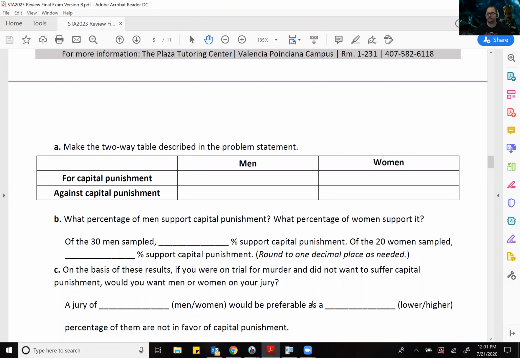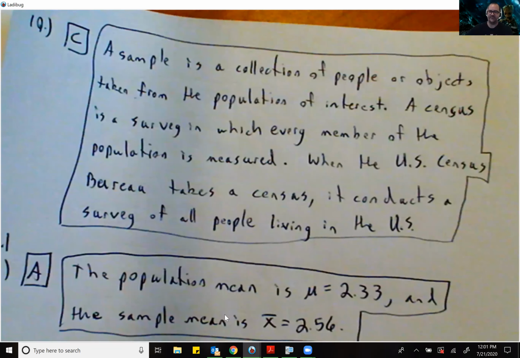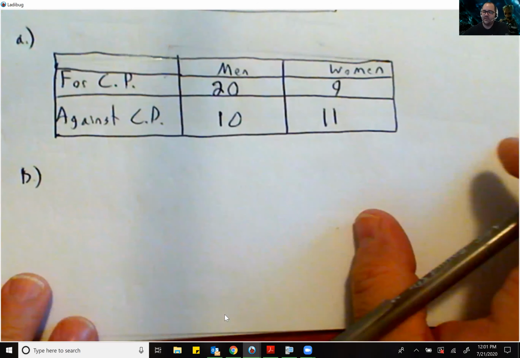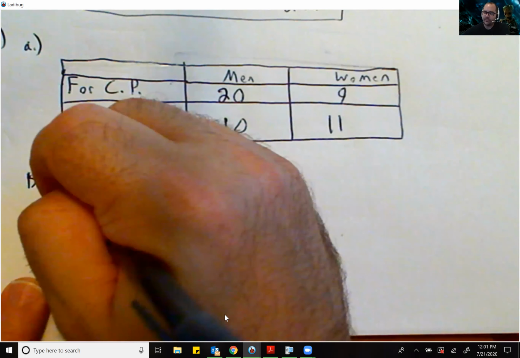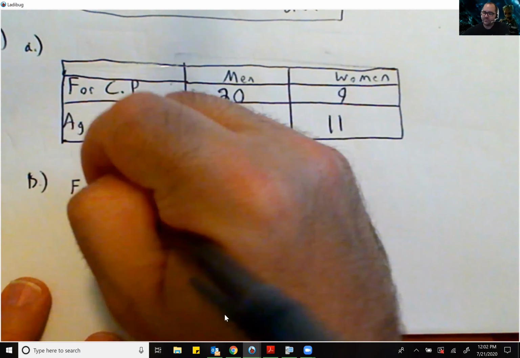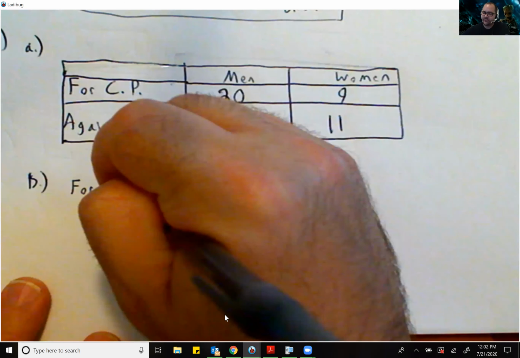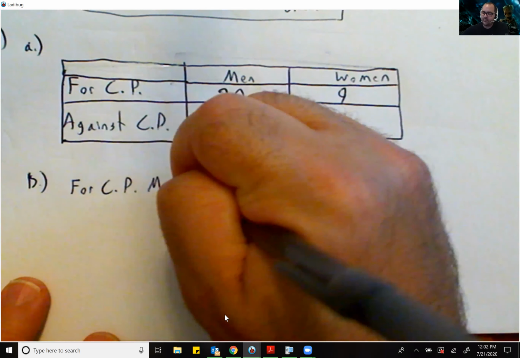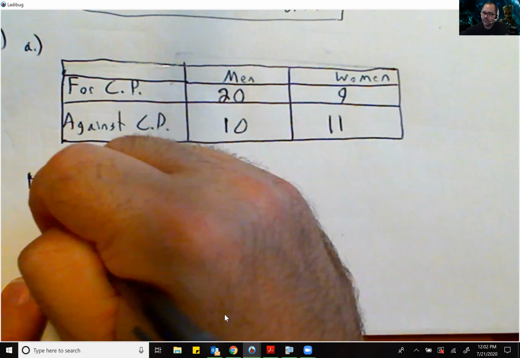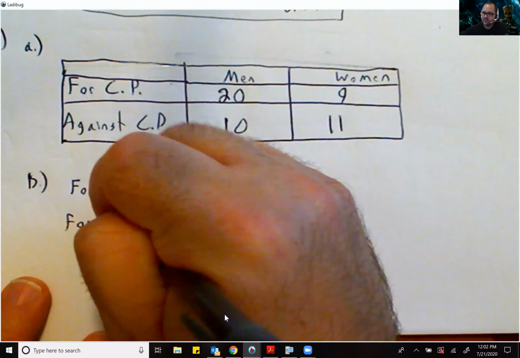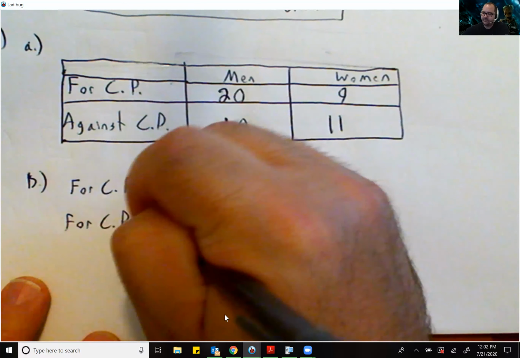All right. So part B, jumping into our sheet here. So there's that filled in chart that we just talked about. So part B, we want the percentage for capital punishment from men, and we want for capital punishment for women.